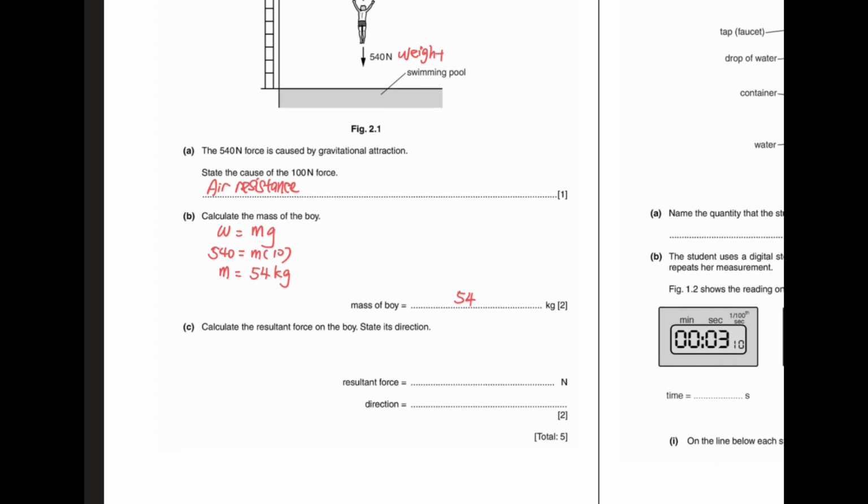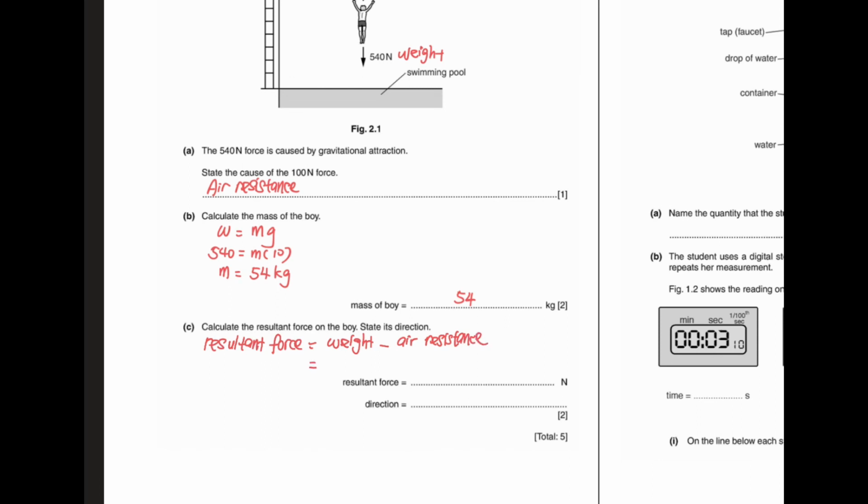Now part C. Calculate the resultant force on the boy. State its direction. Resultant force, just now we discussed, is actually weight minus air resistance.